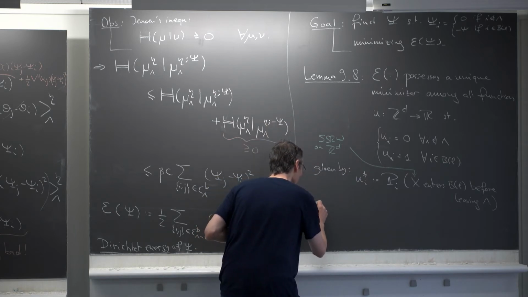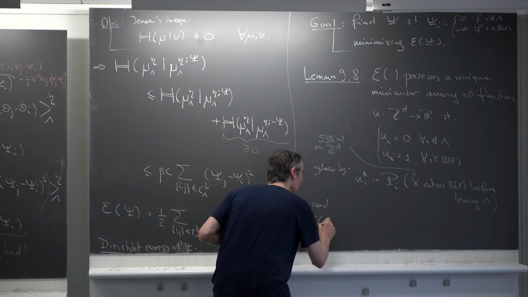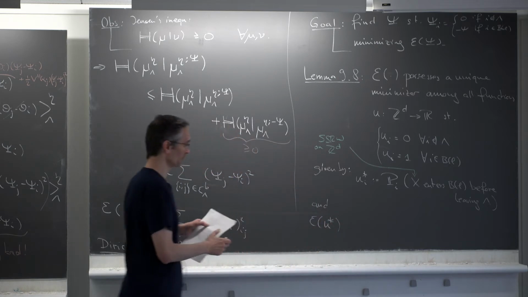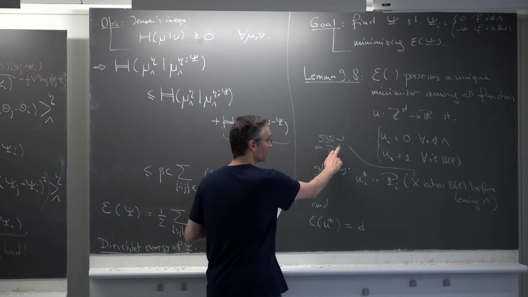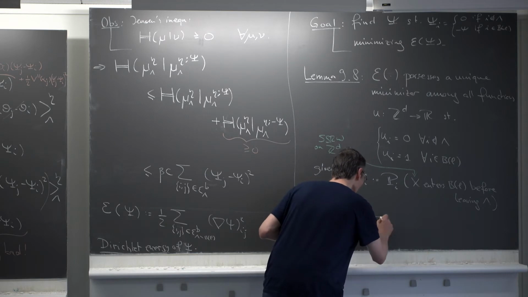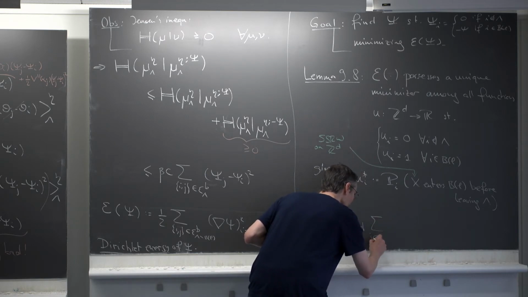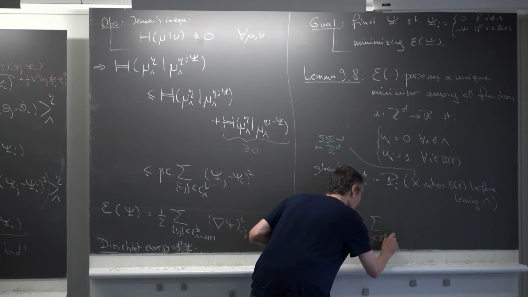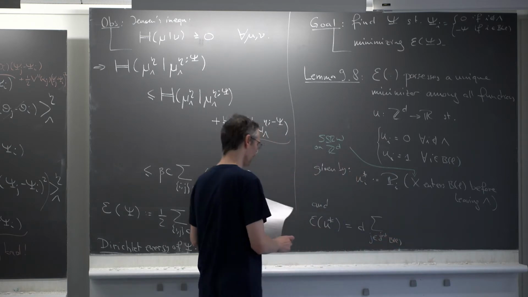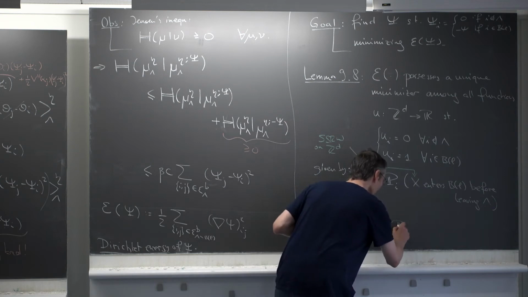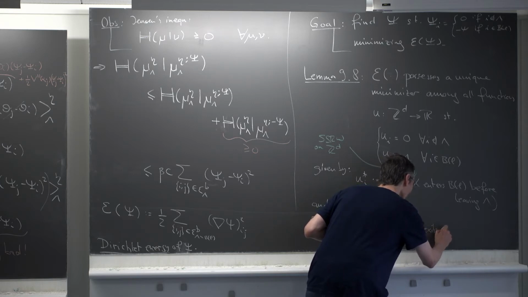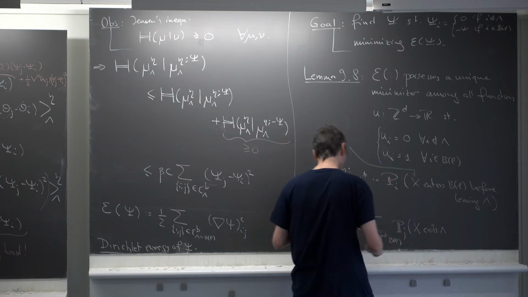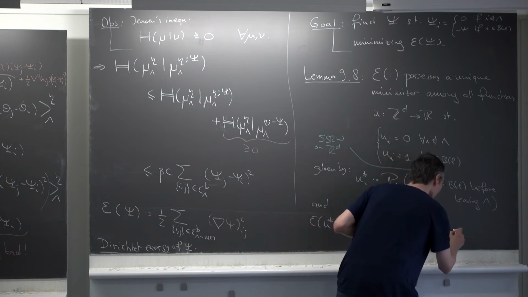So E of U star, the energy associated to this profile, is given by D, where D is just the dimension of the lattice ZD, times the sum over all vertices J in the interior boundary of BL of the probability, starting at J, that the random walk exits lambda before returning to BL, because it's starting there.